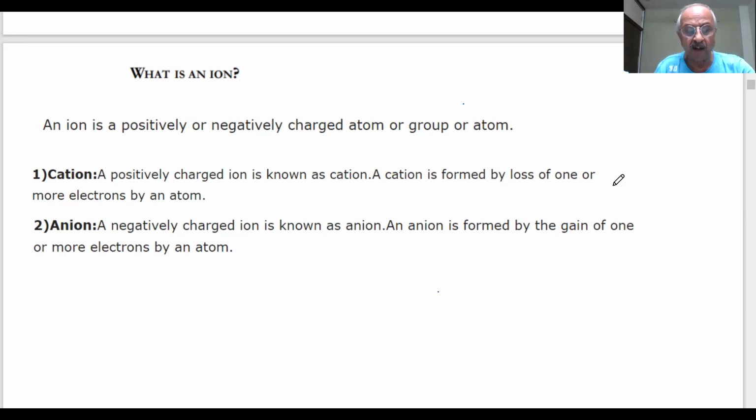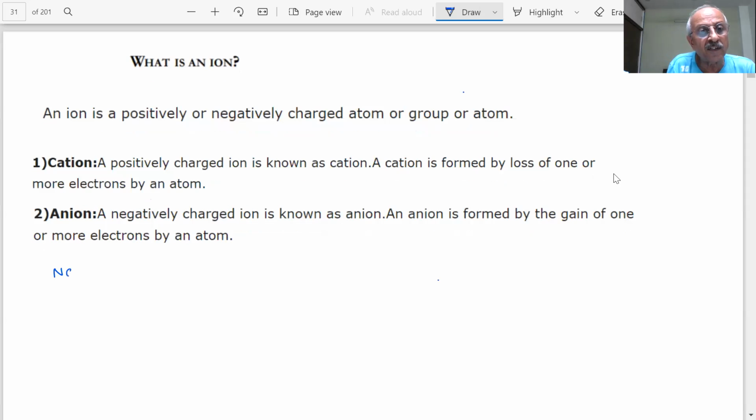And we have examples of these already. For example, students, if I consider a sodium atom, is there any charge on this? No. But if it loses an electron, it becomes positively charged.